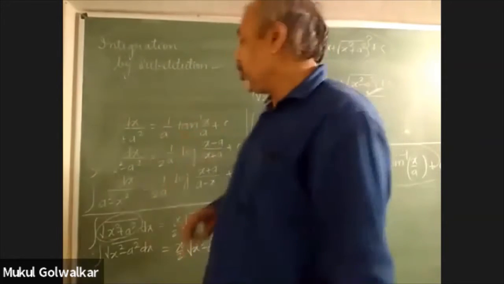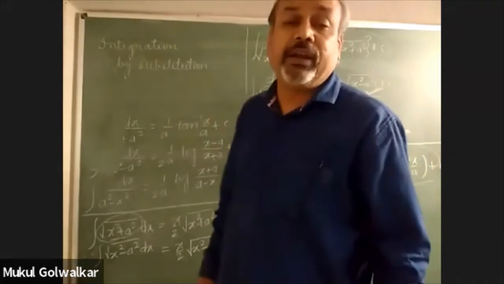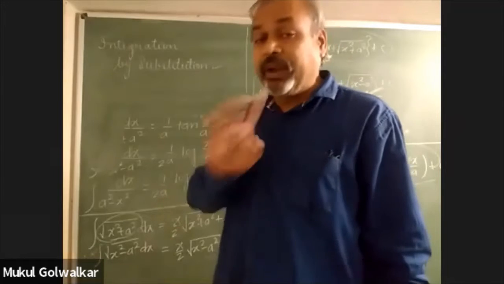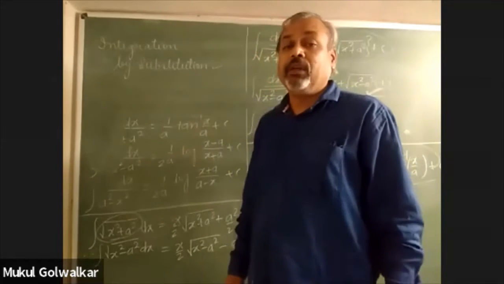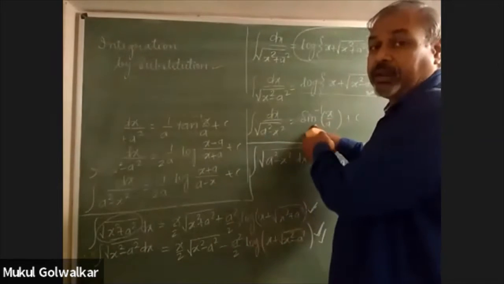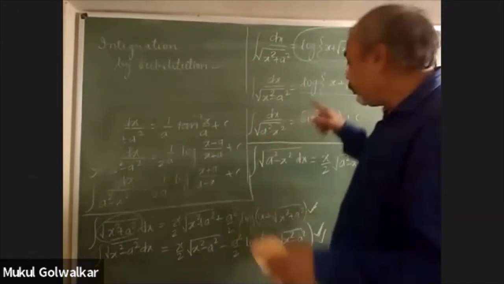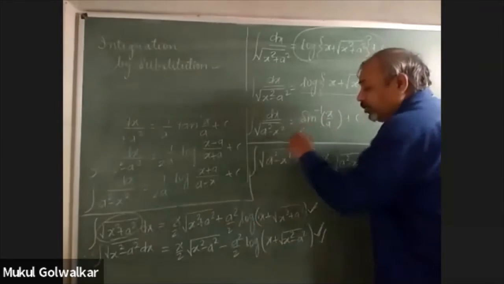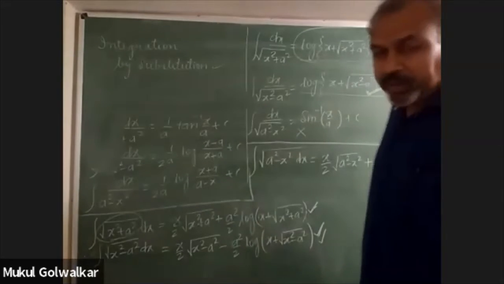But suppose after an evaluation of 250 answer sheets, one mental state of that examiner would come when he notices this thing. If it is there, he will be awarding you marks. If he does not find this thing but cosec inverse, there is a chance that he may put a cross mark against that. Okay?